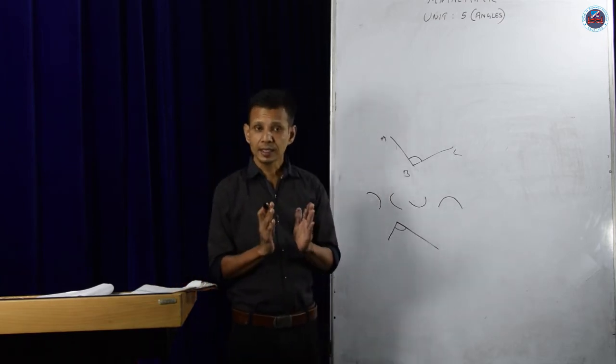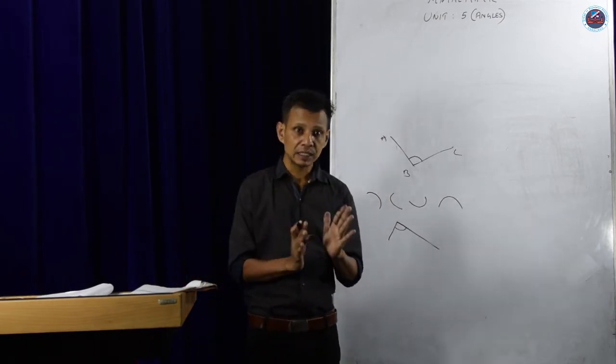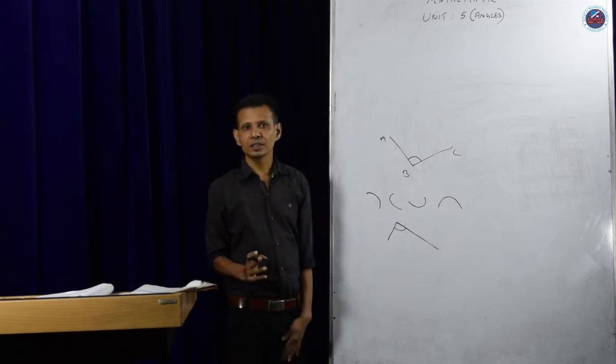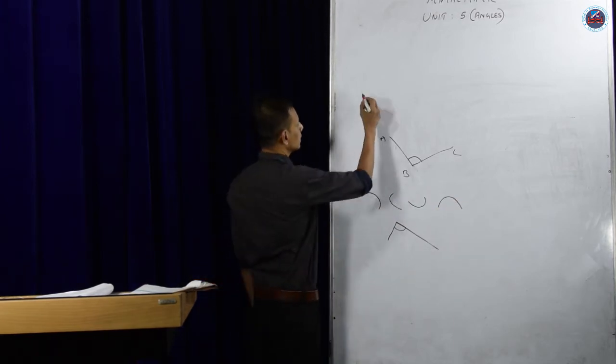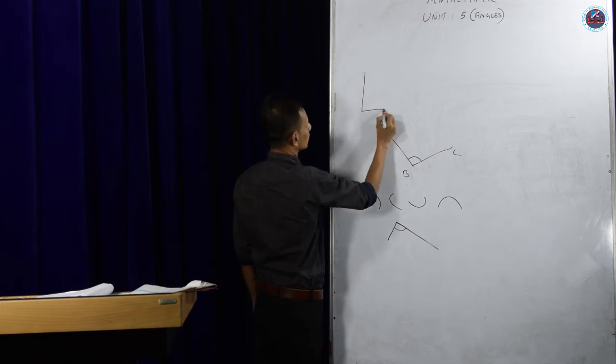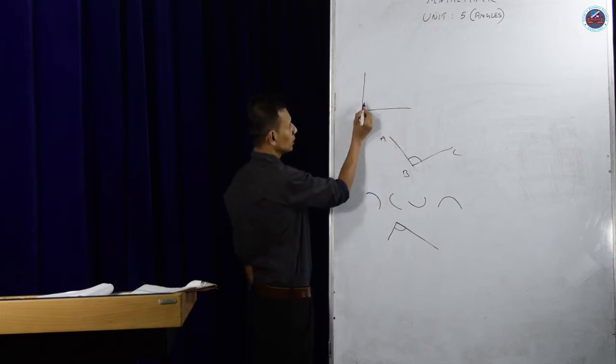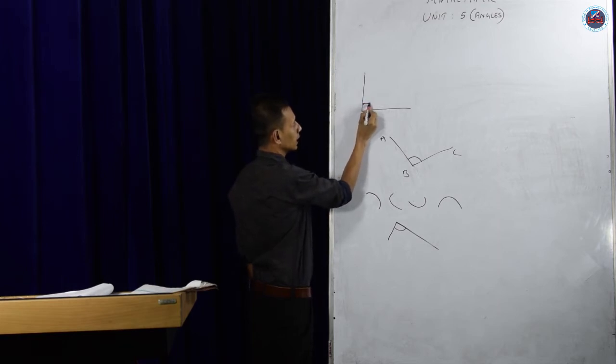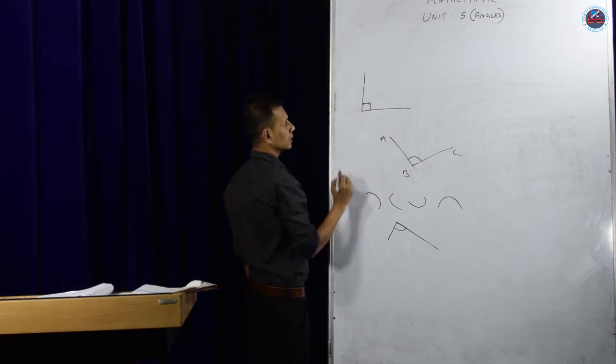But when the angle is exactly 90 degrees, they are not going to show it with a curve. So for example, this is 90 degrees. They will never show it like this. Remember. You will get to see something like this.